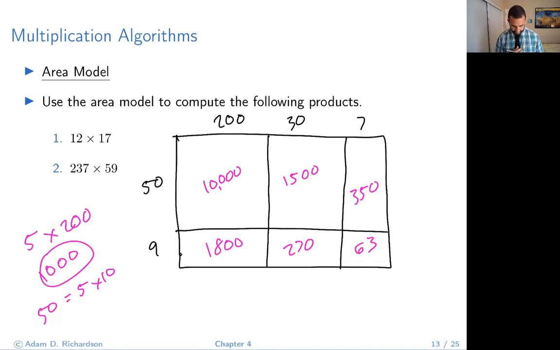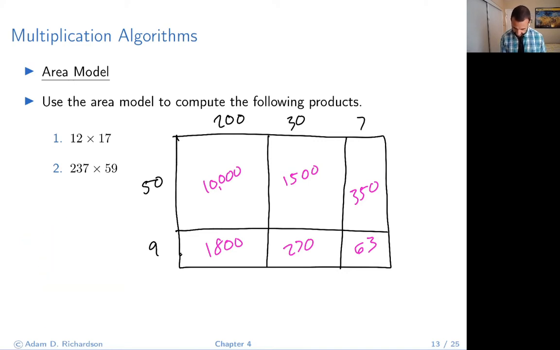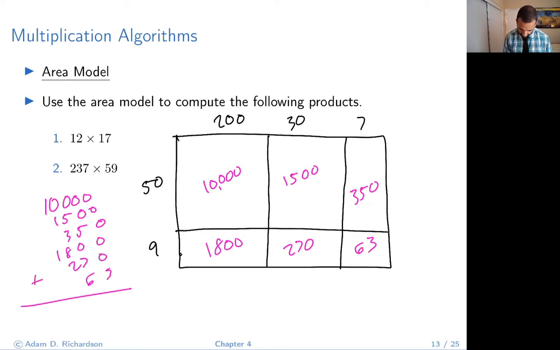All right. Well, now all we have to do is add all this stuff up. So let's do that. We're going to do 10,000 plus 1,500 plus 350 plus 1,800 plus 270 plus 63. Add all those up, and you can use whichever method you want, right?